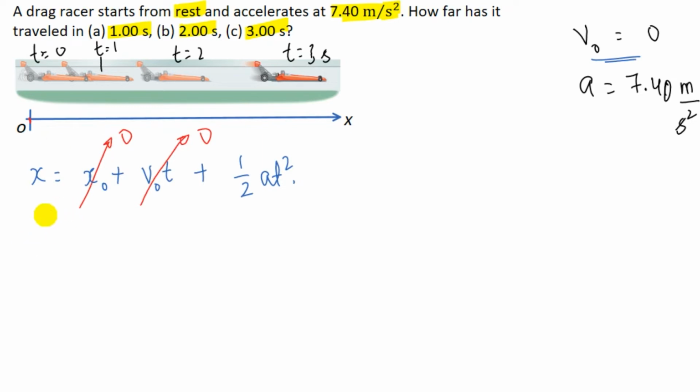So in this particular case, this equation reduces to x equals 1 over 2 a t squared.